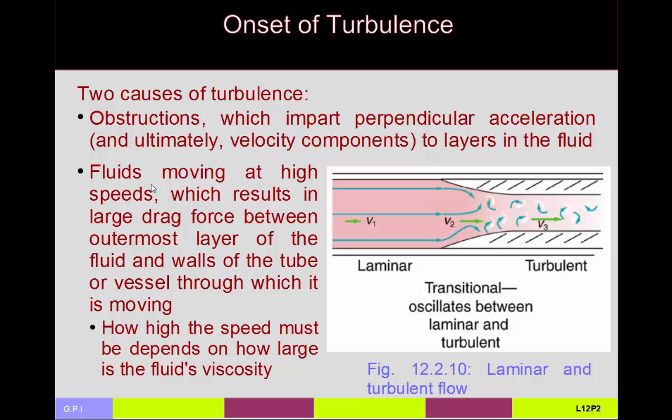The second thing that can cause turbulence is that when fluids start moving at high enough speeds, the drag forces between layers become very large. In particular, the drag force between the outermost layer and the wall becomes very large. And how large it is depends upon how fast the fluid is moving.